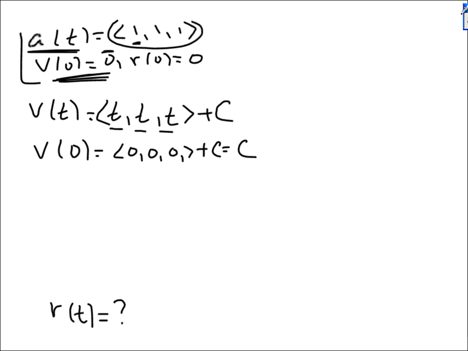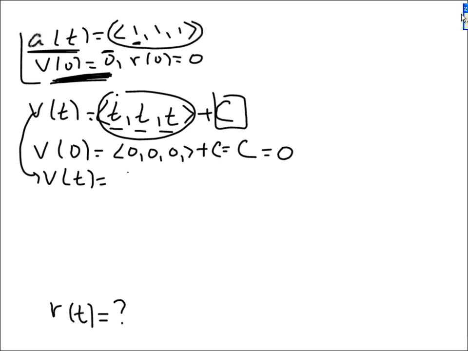They also tell us v of 0 is 0. That means c is 0. So, knowing the value of c, I can tell you exactly what v of t is. It's t, t, t, because when you add on the 0 vector, you get back t, t, t. Okay, that's v of t.